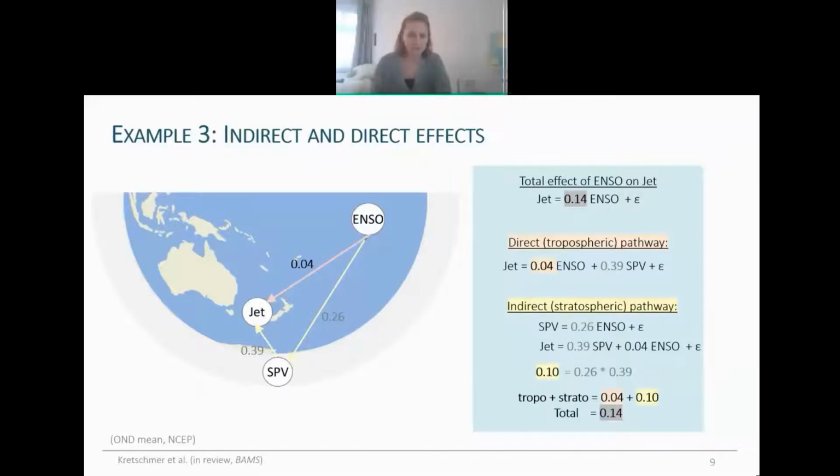The sum of the two, the tropospheric plus the stratospheric pathway, is again the same as the total effect of ENSO on the jet, which we found at the beginning. The point here is that since we acknowledged this model or hypothesis in the beginning, we can in a very systematic way quantify these different contributions and interpret the data in a transparent way.